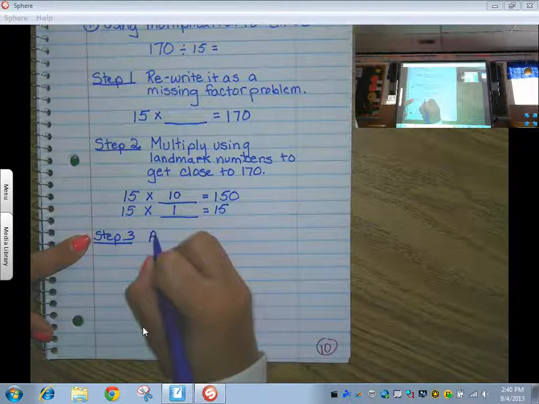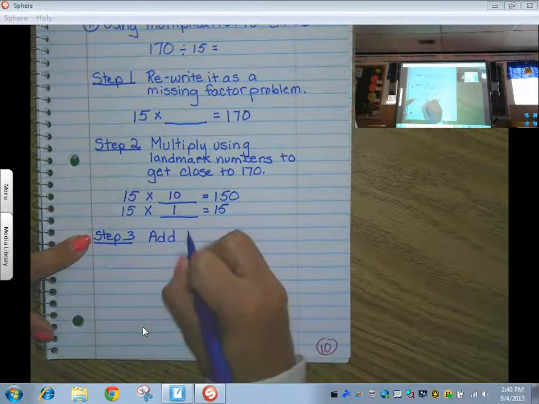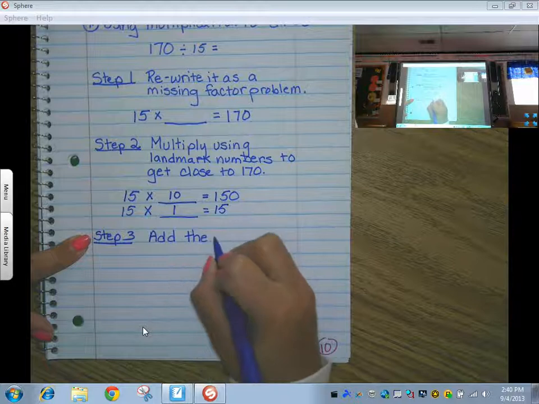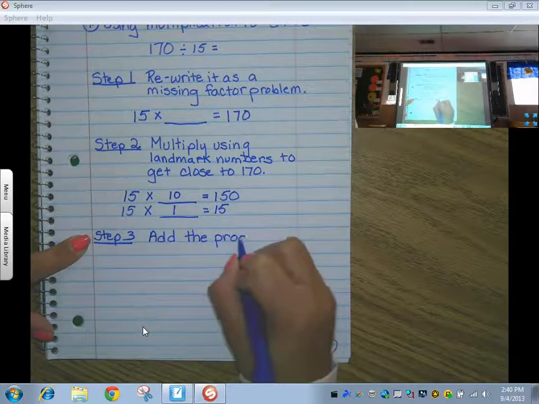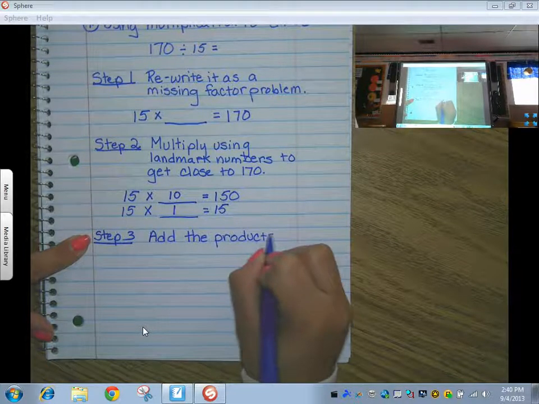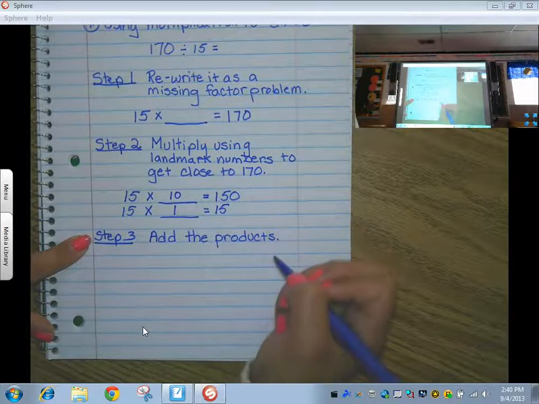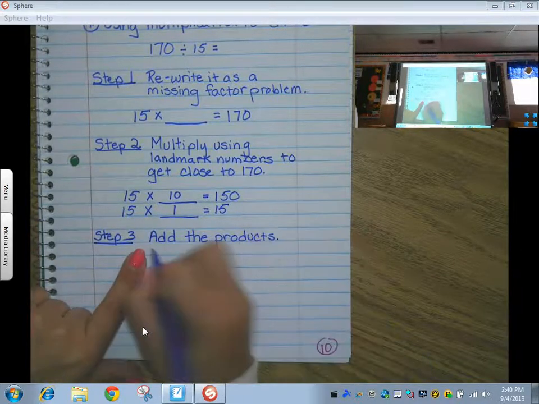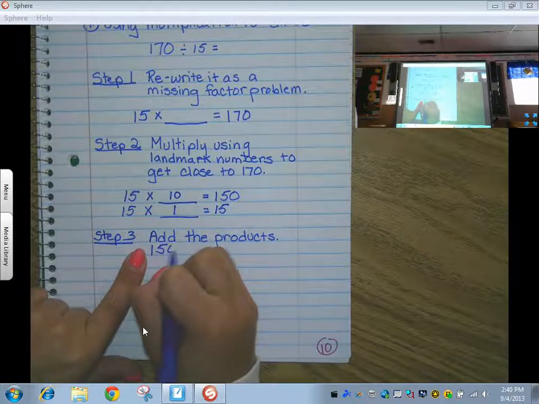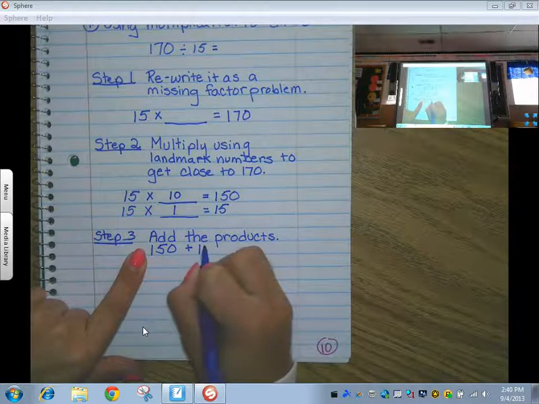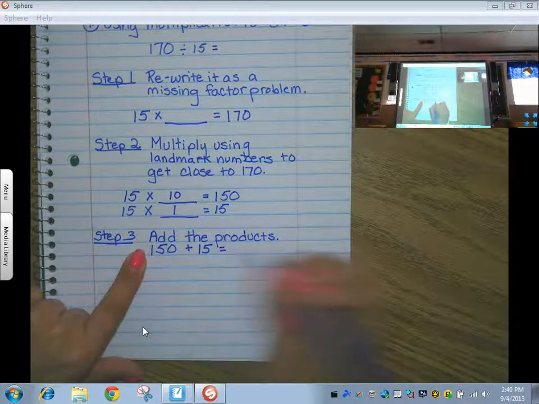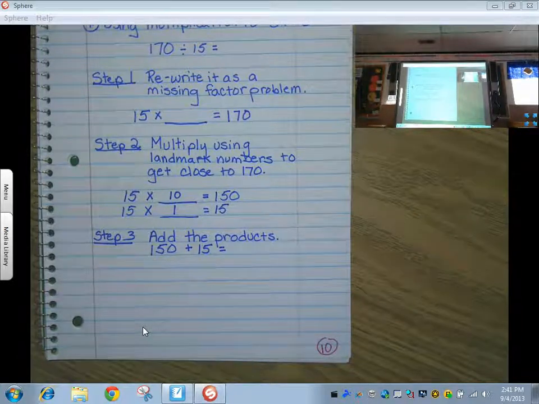What does that equal? Blake. Yes, 165. Okay, then I think you guys know, is 165 close to 170? Yes. Can I fit another 15? No. Okay. Then you're ready for step 4.